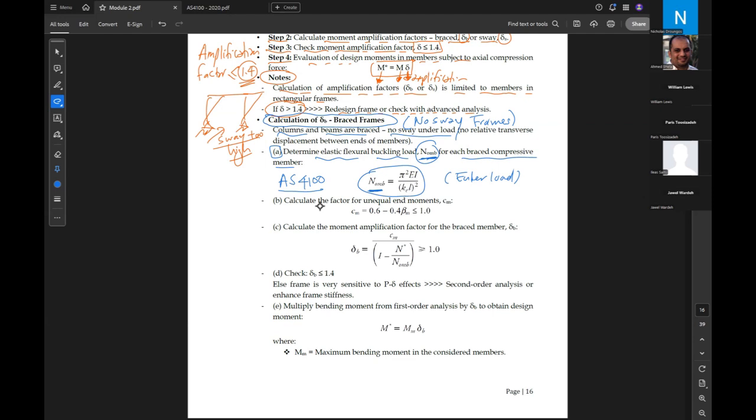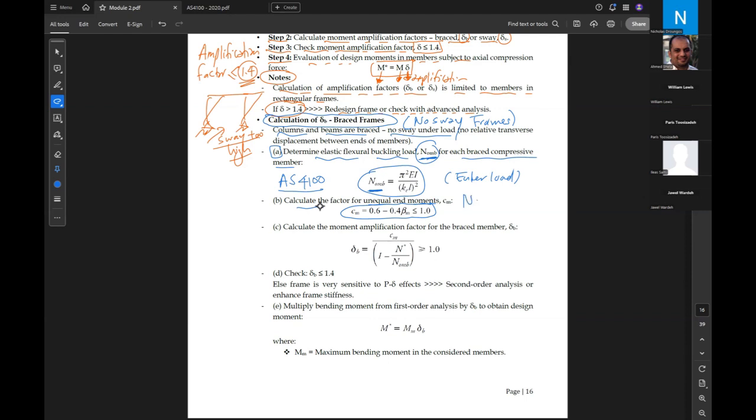Then we need to calculate the factor of unequal end moments, Cm. So Cm equals 0.6 minus 0.4 beta m and should be less than or equal to 1.